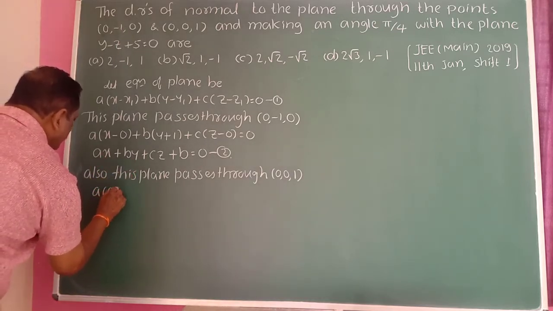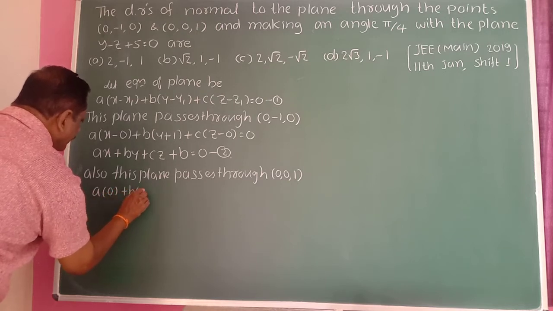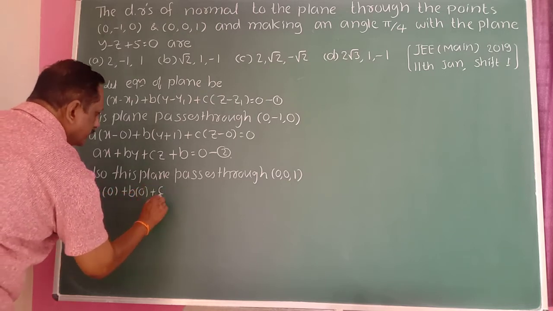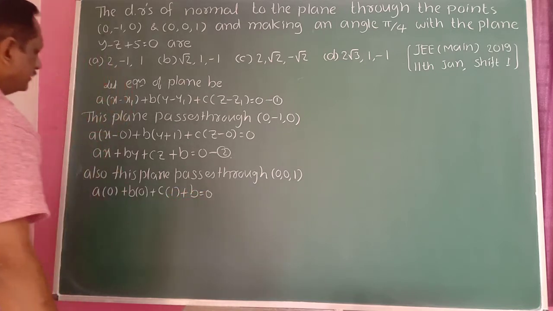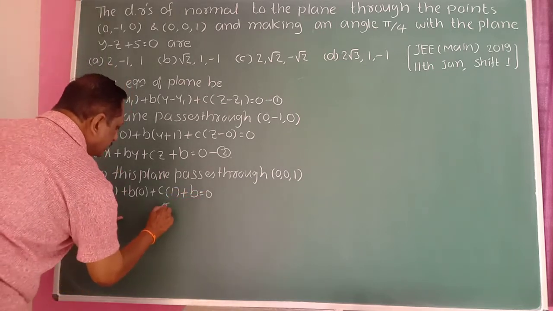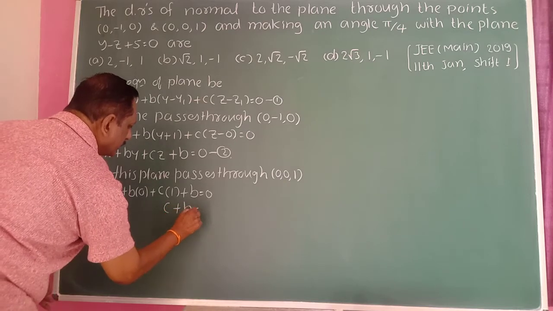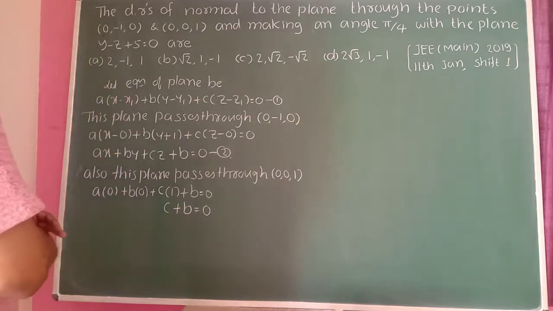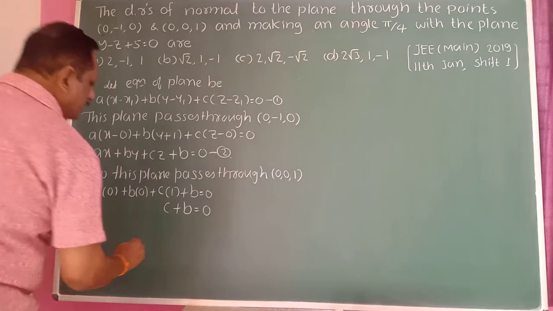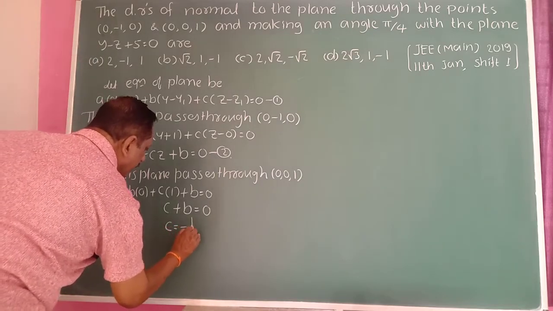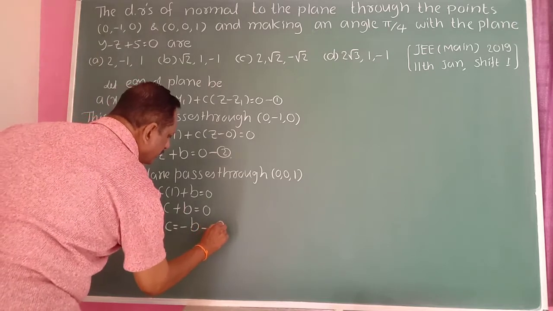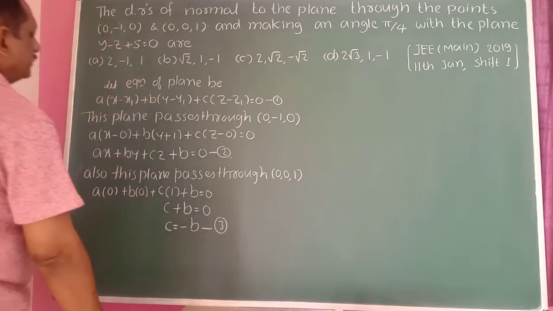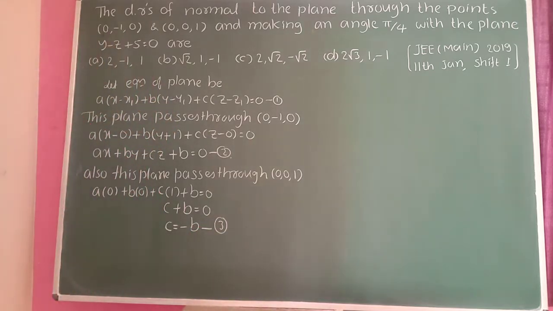Hence a into 0 plus b into 0 plus c into 1 plus b is equal to 0. This total becomes 0. Hence c plus b is equal to 0. Therefore c is equal to minus b. Take this as equation number 3.